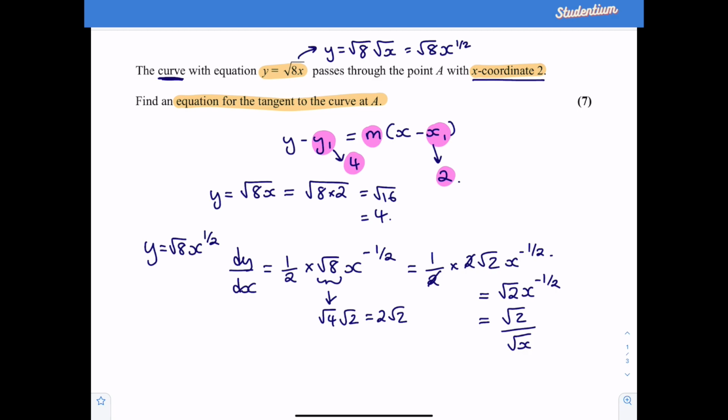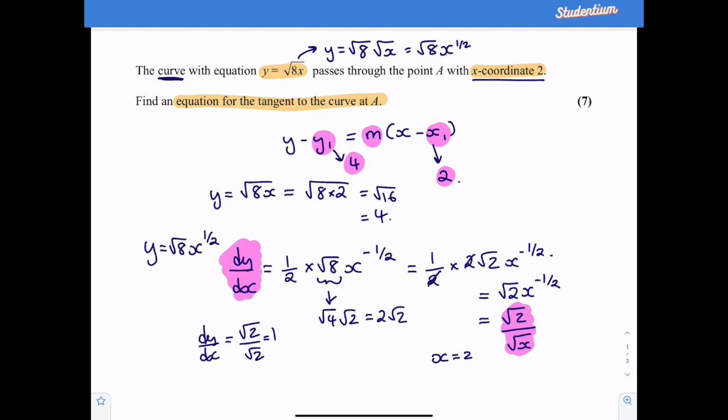That's particularly important because we now know that dy/dx is equal to root 2 over root x, but we don't want it at any point, we want it when x is equal to 2, as it said in the question. So if we substitute that in, dy/dx is equal to root 2 over root 2, which is just 1.